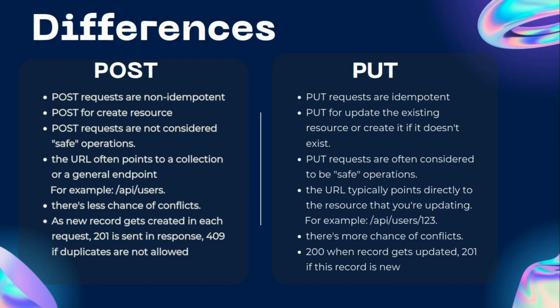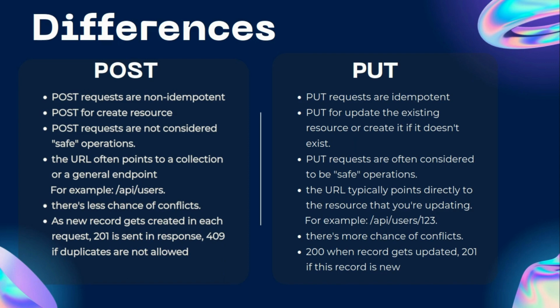For POST, the URL often points to a collection or a general endpoint. But in the case of PUT, the URL typically points directly to the resource that you are planning to update. Here I have taken an example. I have not kept the base URL, only the endpoint, you can see /api/user.